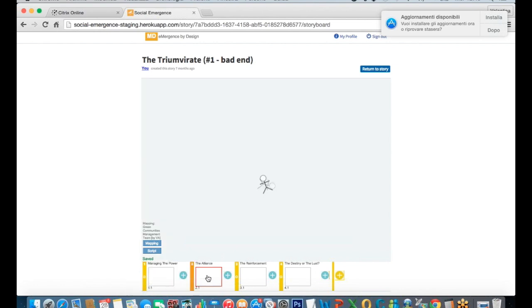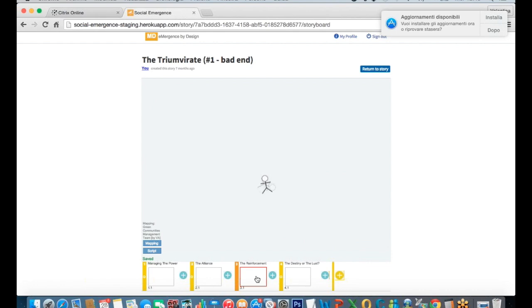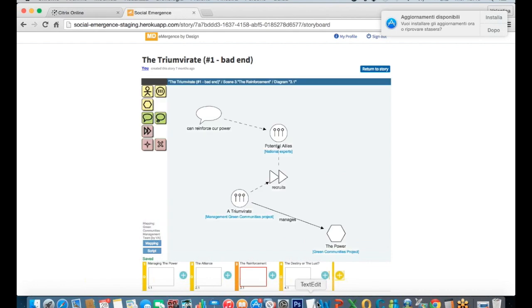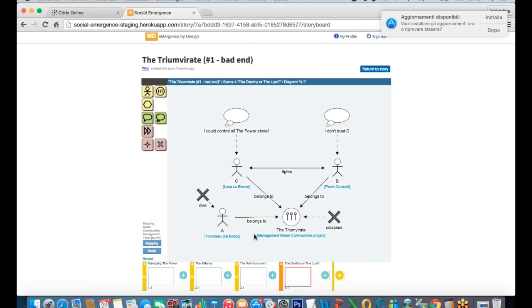So they formed an alliance, and from this alliance they tried to reinforce it, recruiting potential allies. But at a certain point, this managing team started to think they could do things alone.